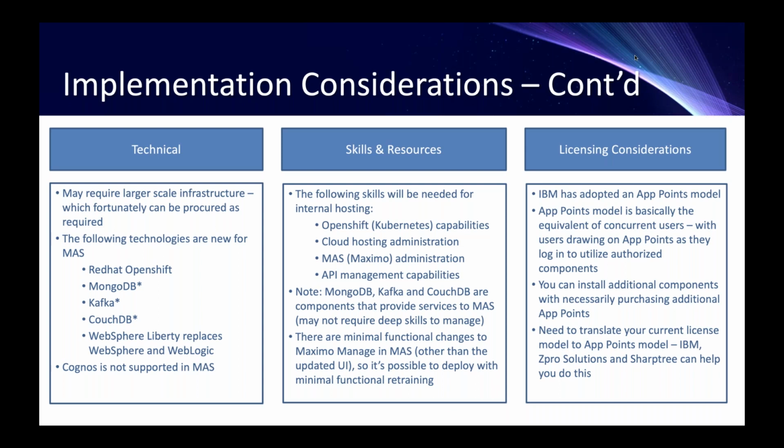Having done an installation of OpenShift and deployment of MAS 8 from scratch, what you're looking at is akin to the move from client server to the web architecture in the late 90s, early 2000s. We're seeing a similar shift today with OpenShift and containerization and managed services.